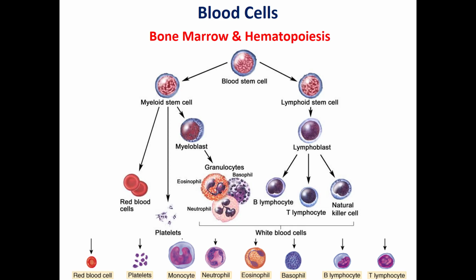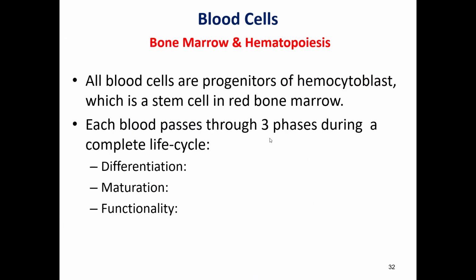Each hemocytoblast, the blood stem cell, will pass through three phases. The first and the second phases, which are differentiation and maturation, are done inside the bone marrow, whereas the functionality phase, or life of this cell, is spent inside the blood vessels or certain tissues.